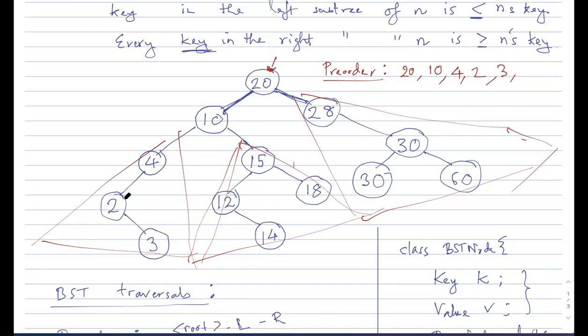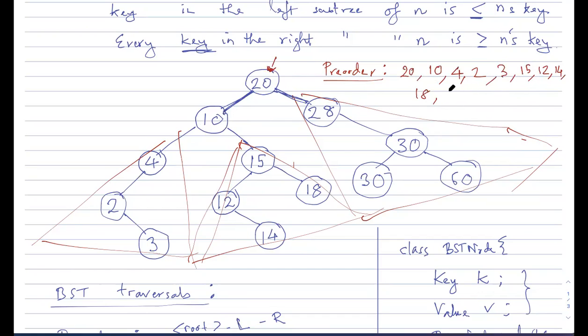It goes back, and comes back to the node 10, and now it starts visiting the right subtree, because the left subtree is done visiting. So then it prints 15, then followed by 12, then 14, then 18, and then it is done with the left subtree of 20.